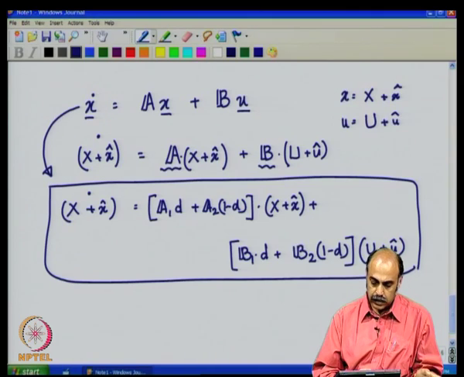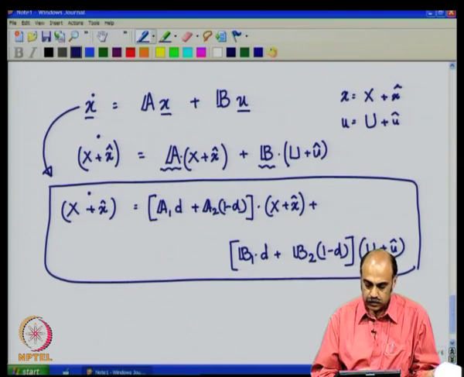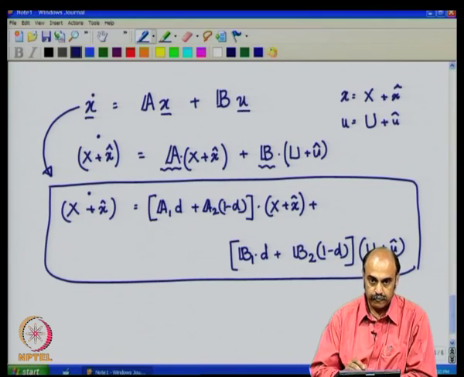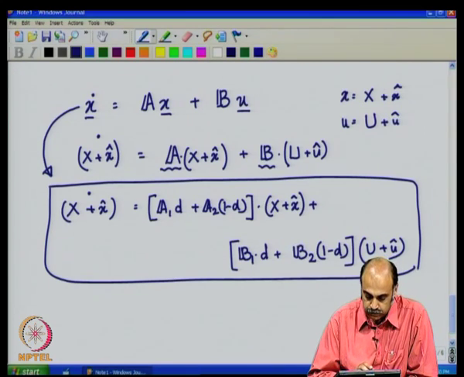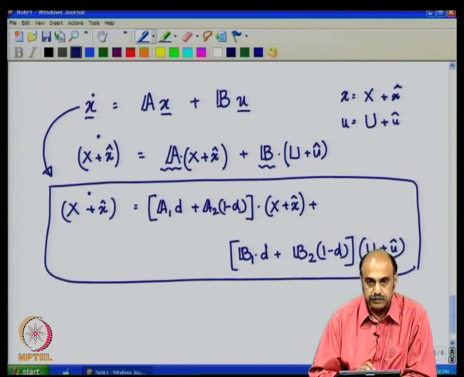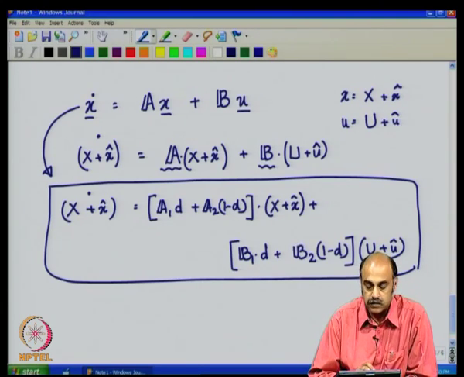So, let us now simplify it a bit further. And in the process of simplification, let us make some small, valid assumptions.